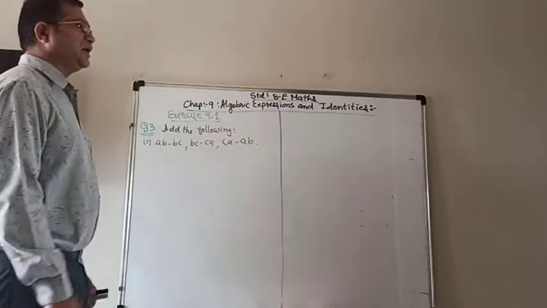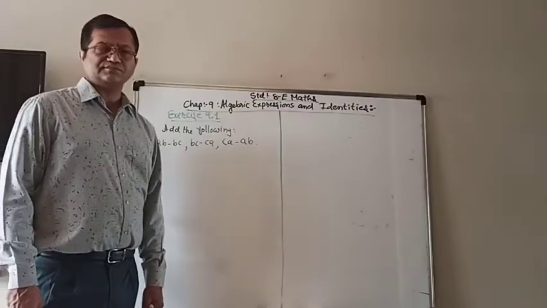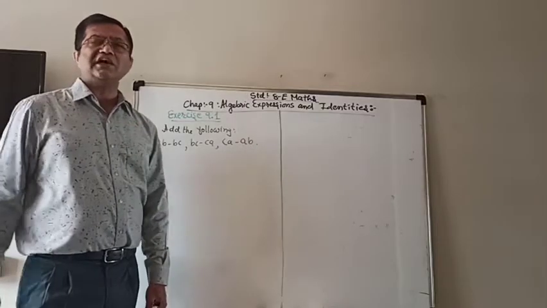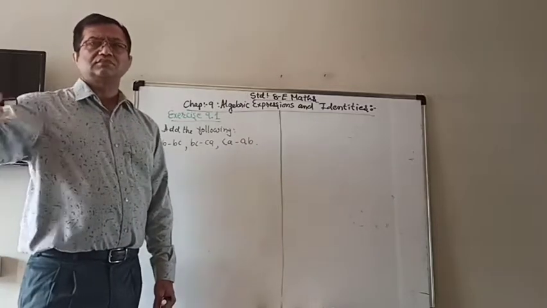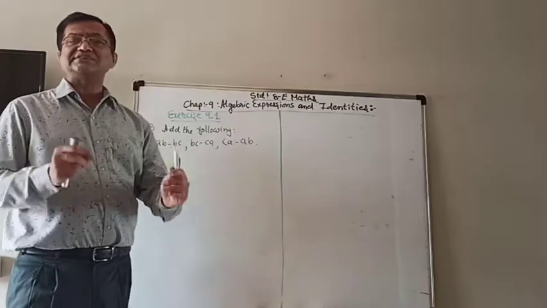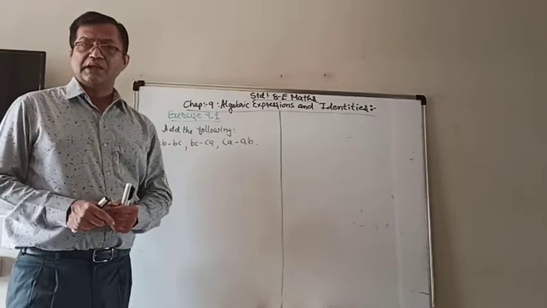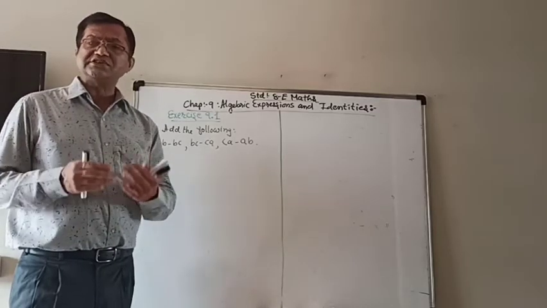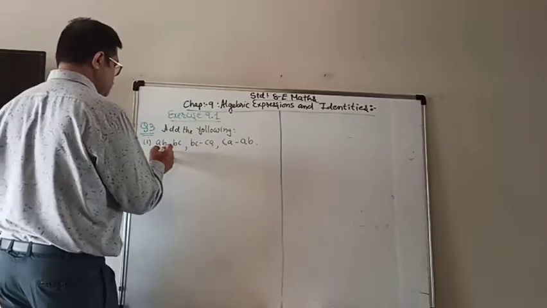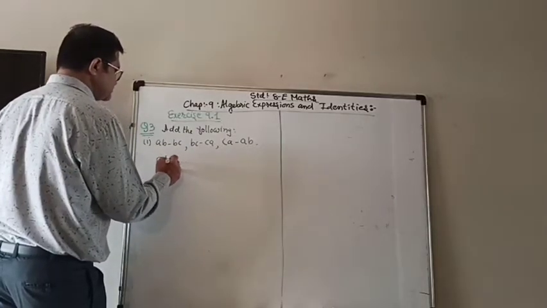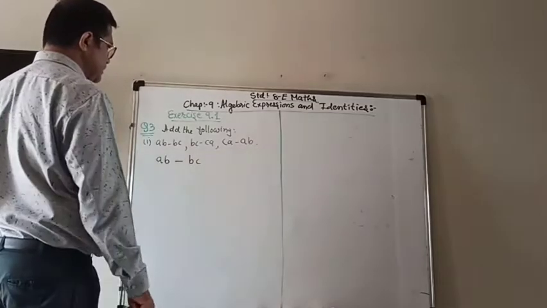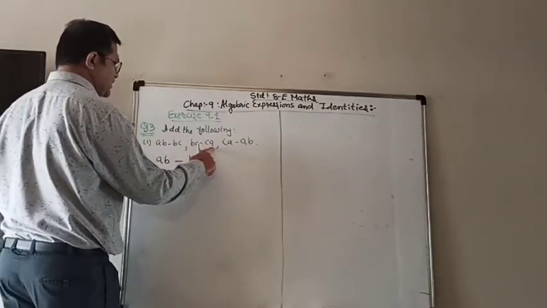As I showed you in the examples, we will write down all the expressions in rows such that like terms are in the same column, and then it is easier to add them. So the first one is AB minus BC. Now the second is BC minus CA.